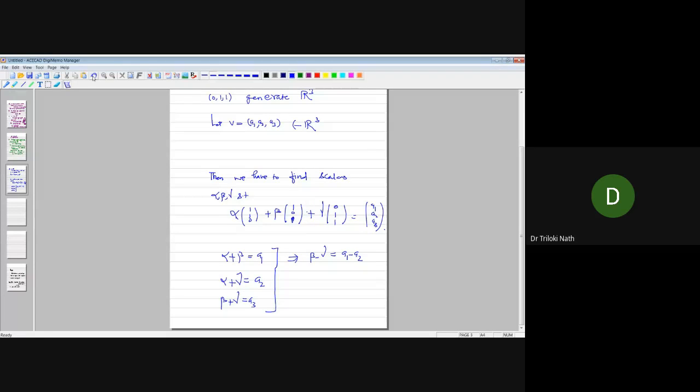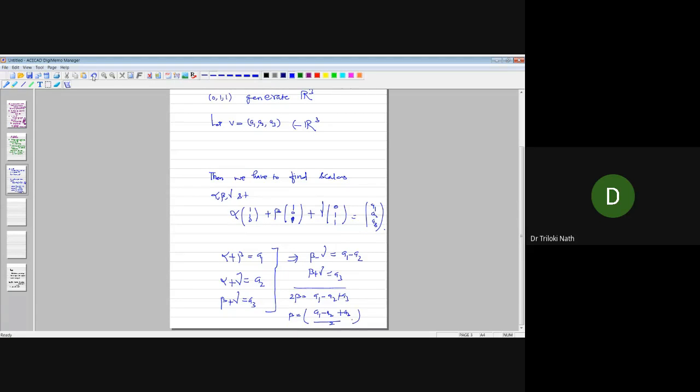So let us solve this. Then you will get 2 beta is A1 minus A2 plus A3. That is, beta is (A1 minus A2 plus A3) divided by 2.